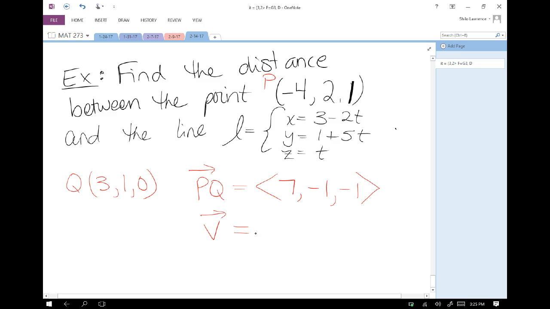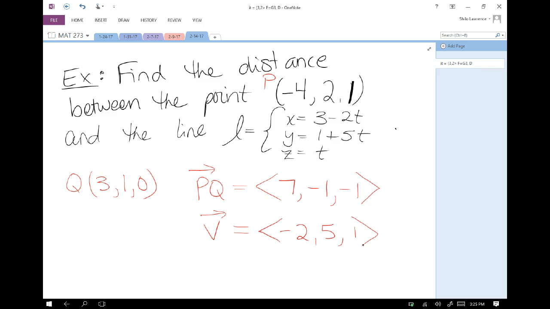What is the direction vector for our line? -2, 5, 1. Those are the coefficients on our t's. We get our direction numbers, which are the components of our direction vector, from the coefficients of the t's.